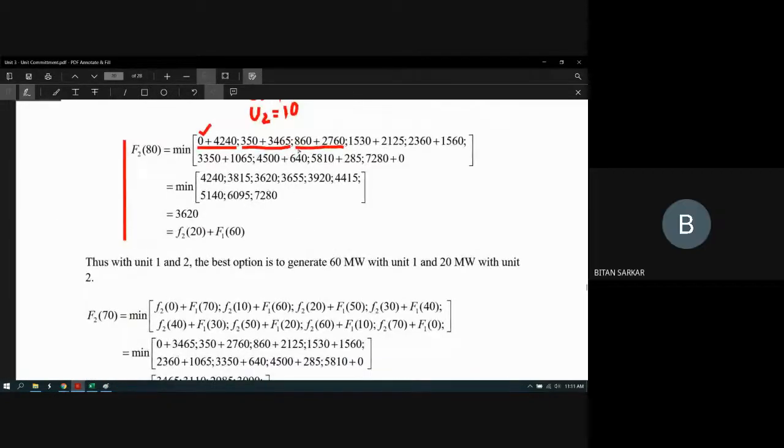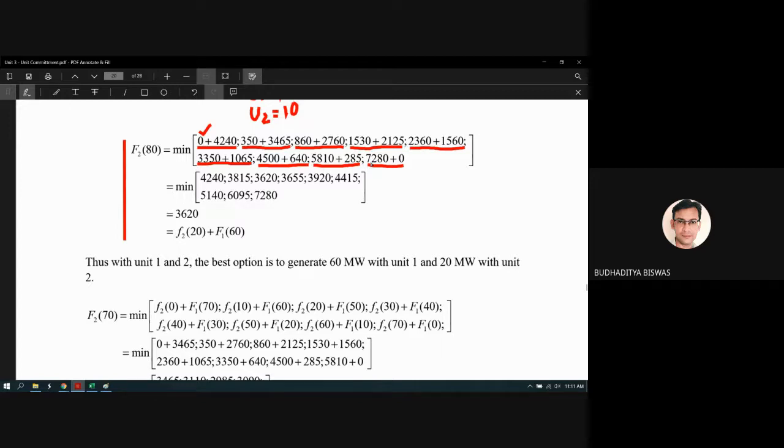In this way, the next one is unit 1 50 and unit 2 30. Next is unit 1 40, unit 2 40. Next is unit 1 30, unit 2 50. Then unit 1 20, unit 2 60. Then unit 1 10, unit 2 70. And the last one is unit 1 is 0, unit 2 is 80.